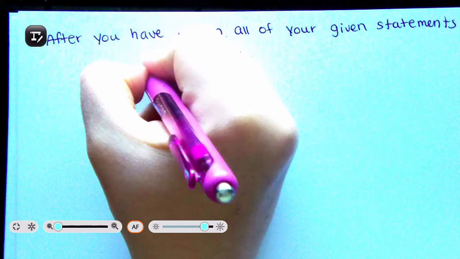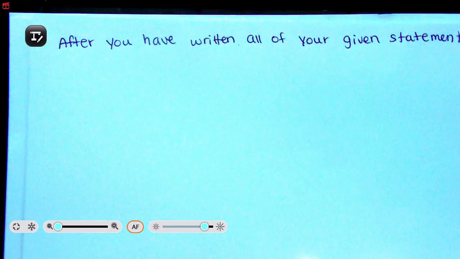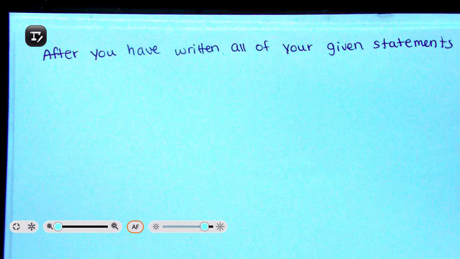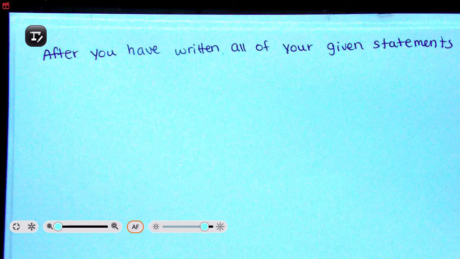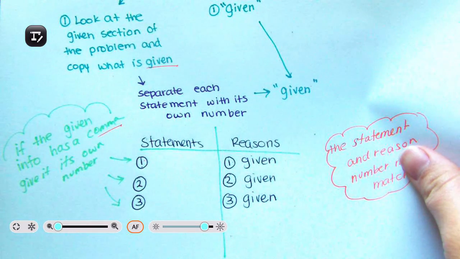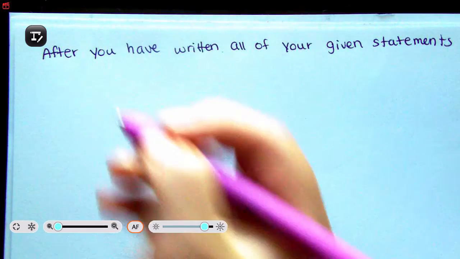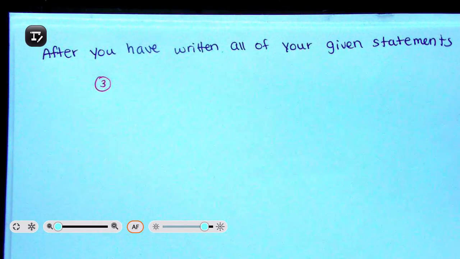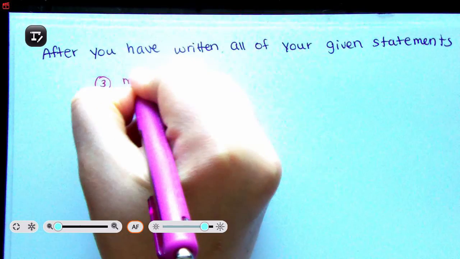Step number one, again, this is after you have written down all of your given statements. So you are basically having something like this. So let's call it 3 since the other I had 1, 2, now let's 3. You're going to mark up your image.